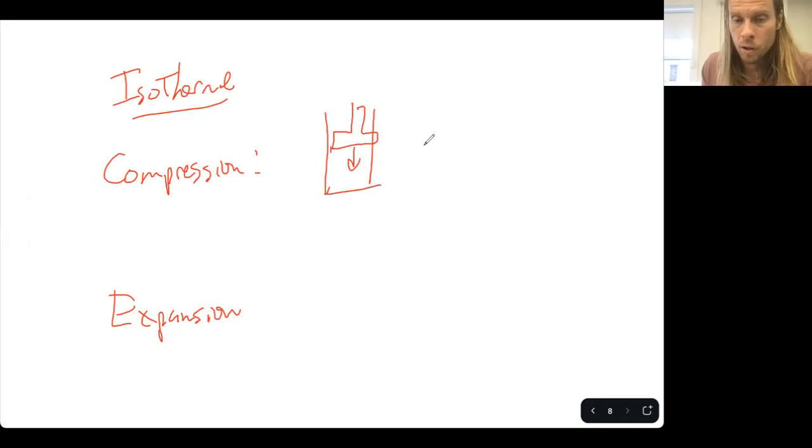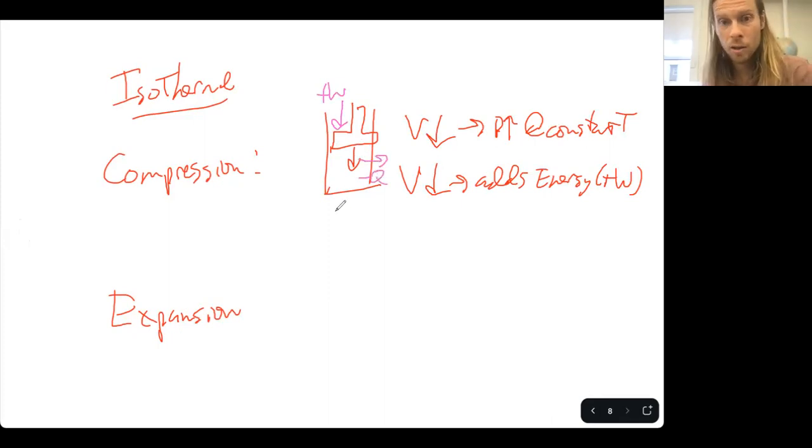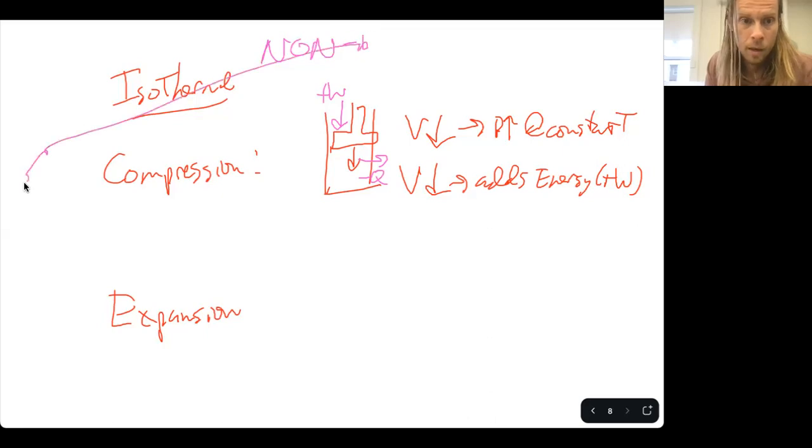And as we noticed, that lower volume increases the pressure at constant T. But we just said that lower volume adds energy. There's positive work being done, which means that we have to have a negative value of Q. That heat must be lost, so it has to be non-insulated. And the reason it has to be non-insulated, I hope, is obvious.